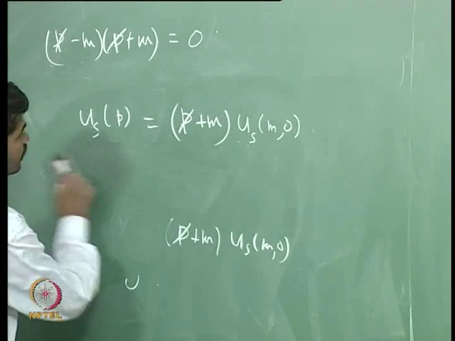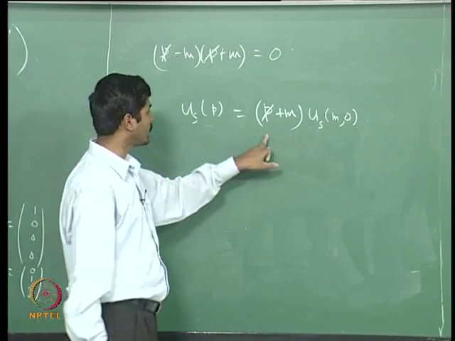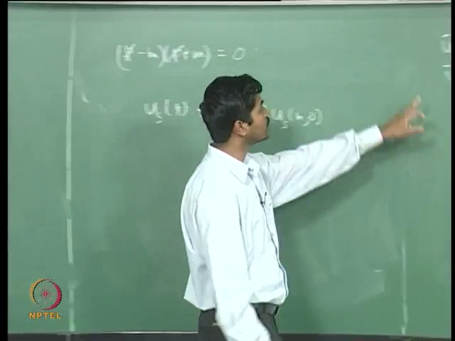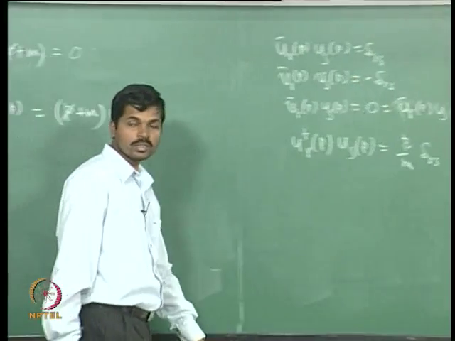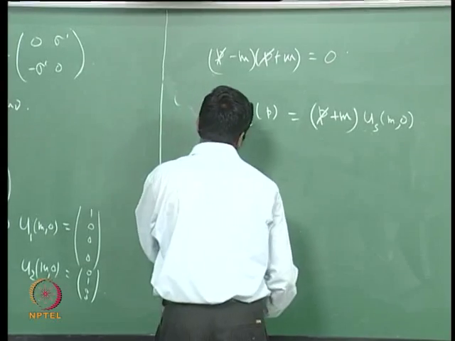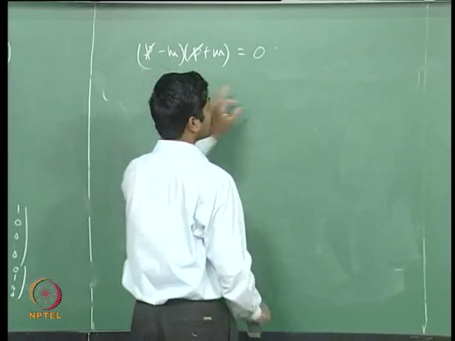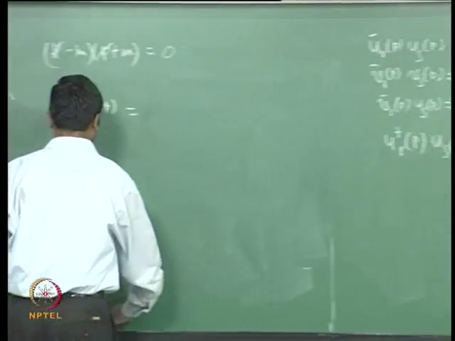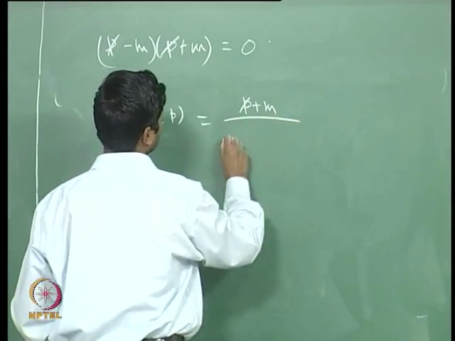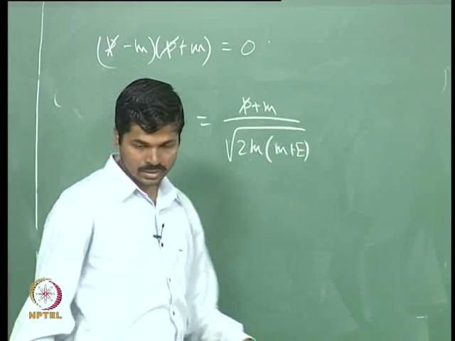So, therefore, I have two linearly independent solutions for s equal to 1 and 2 constructed from u s m 0. The only thing that I need to make sure is that the normalization condition is satisfied, and this will be normalized if you define u s to be p slash plus m divided by square root of 2 m times m plus e, I guess.